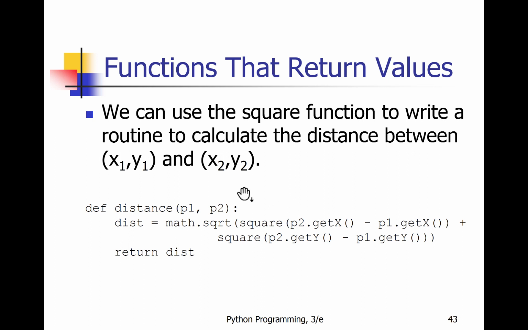So let's see. Do I like this function distance? I like the name. P1 and P2 stand for point 1 and point 2. Okay, I'd really like point underscore 1 and point underscore 2, but that's okay. Dist. Well, he didn't want the variable to be named the same as the function.